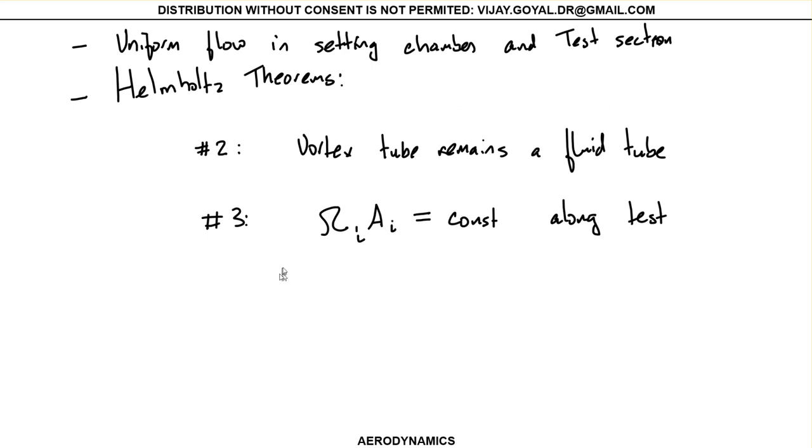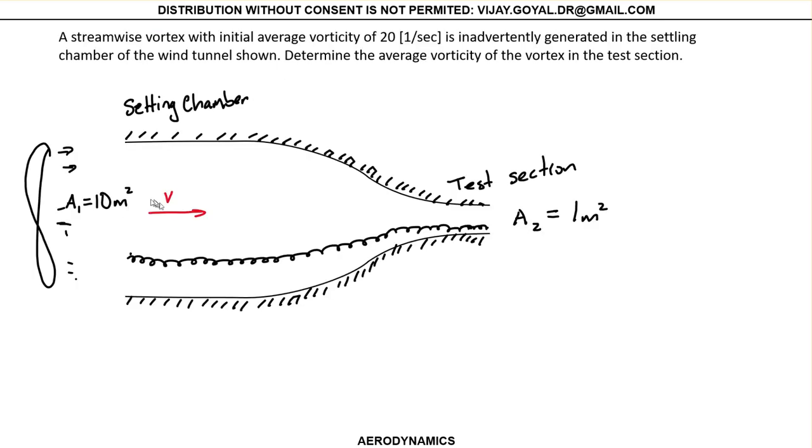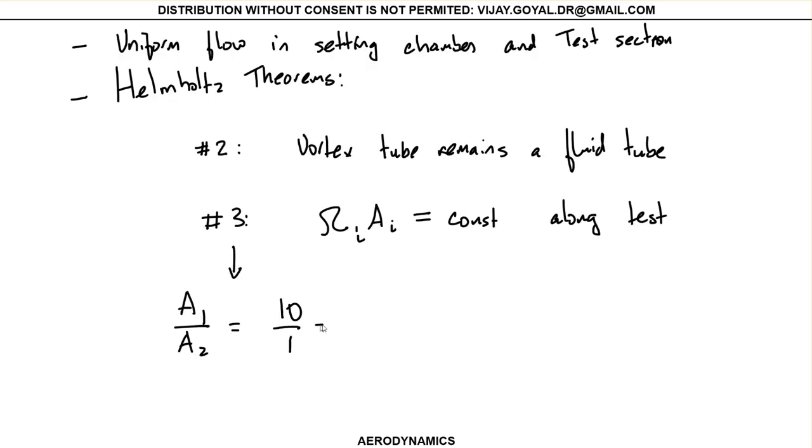Okay, so if that was the case, then as a consequence of this one specifically, A1 over A2 is 10 over 1, because you can see that the area here is 10 and the area here is 1, and that gives you equal to 10. That's your R. And so you know that omega at my test section would be omega 1 times R, and that would give me 20.